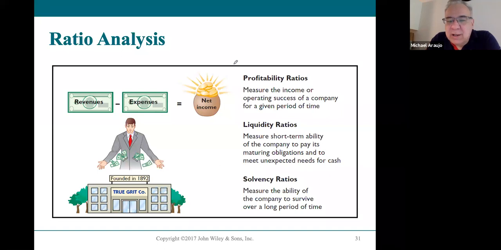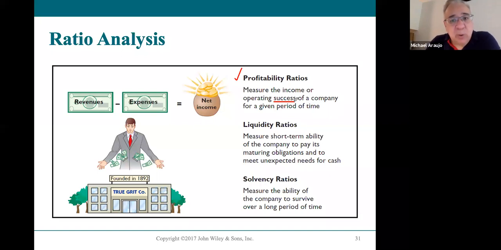So here is a look at some of the ratios. Profitability ratios ask, is the company making more profits over time? And we usually rely very heavily on something called earnings per share. And we look at that ratio over time to see if the company has been a good investment for the owners.